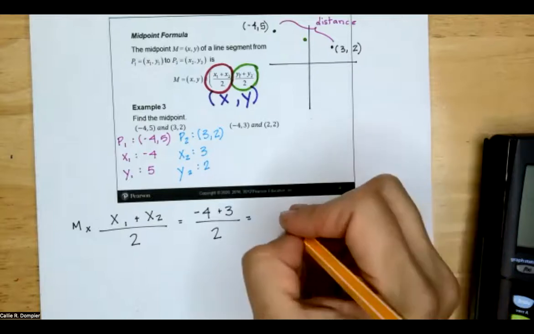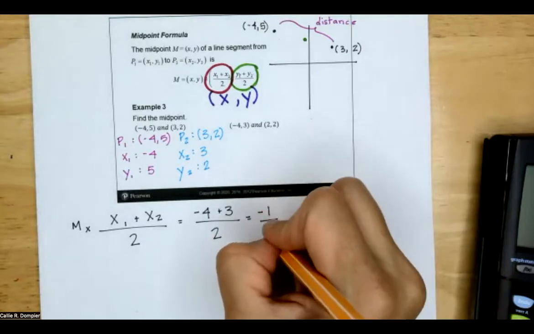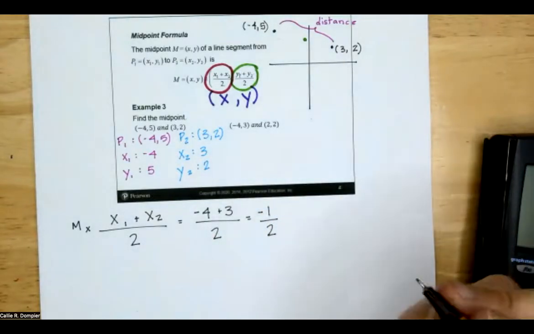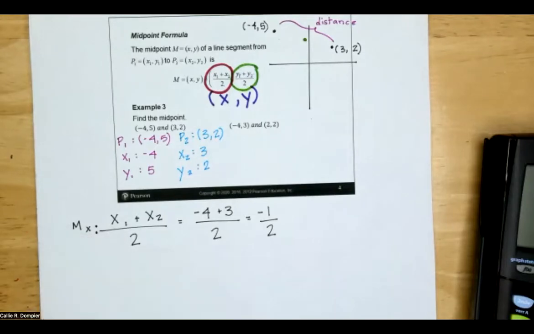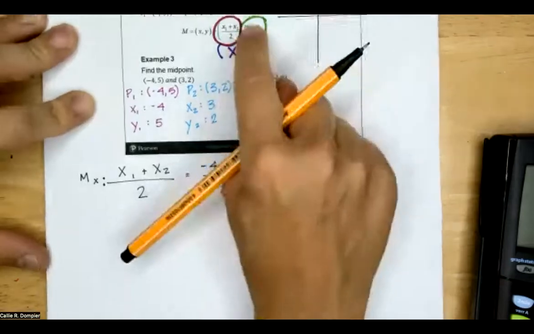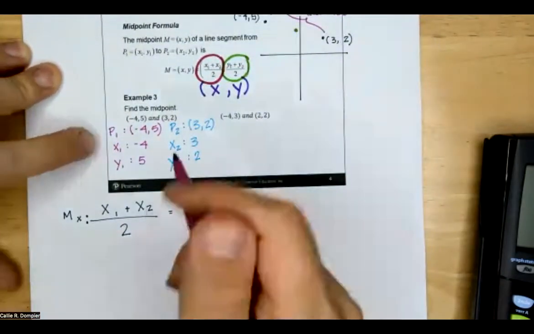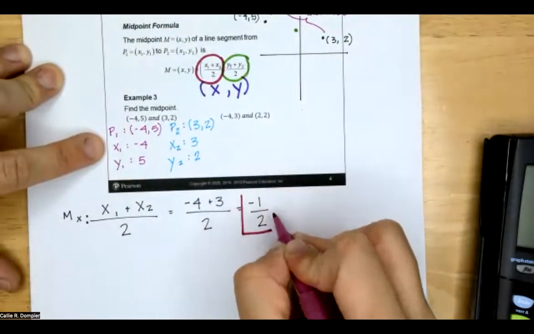Good. That becomes -1 over 2. So the x value of my middle point is -1/2. Good. It's okay if it's a fraction. Now, that was this one.